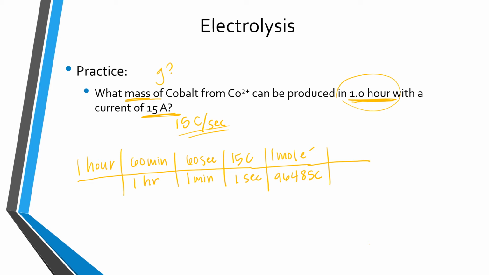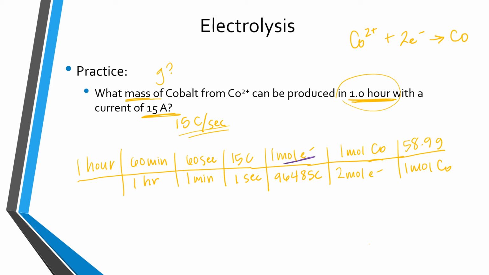I need 2 moles of electrons for every 1 mole of cobalt, because remember, cobalt 2 plus would need 2 electrons. And then we know that a mole of cobalt, sorry, I tried to skip a step there, is equal to 58.9 grams. So we got to remember, this is moles of electrons. This is just moles of cobalt. So we got to be careful there. Multiply across the top, multiply across the bottom, and divide, and I get 16.5 grams of cobalt.